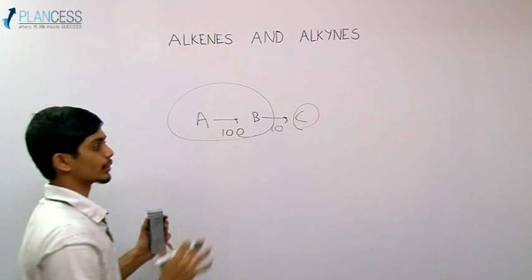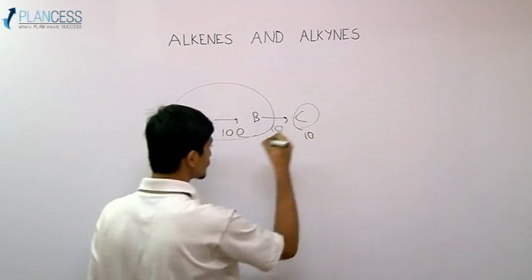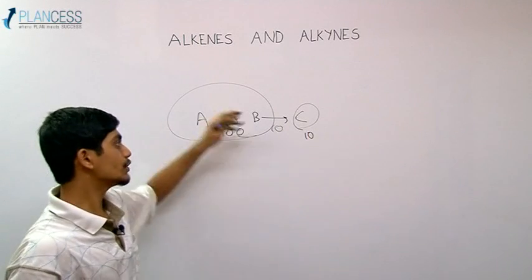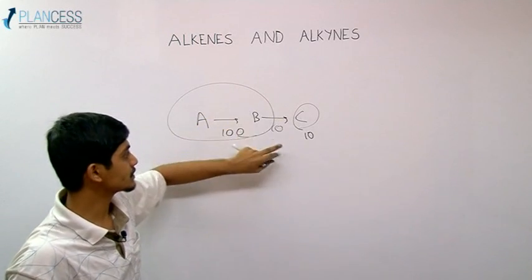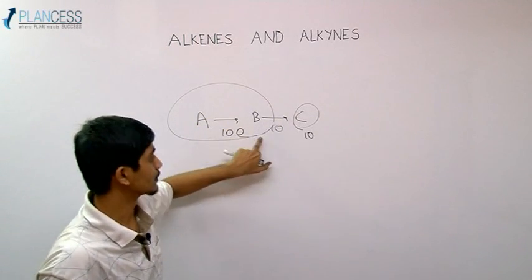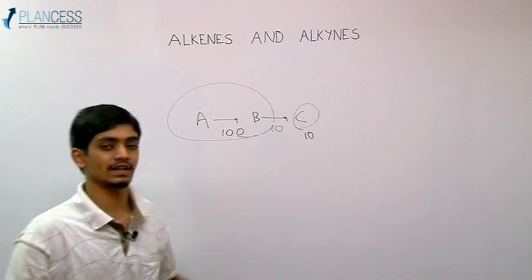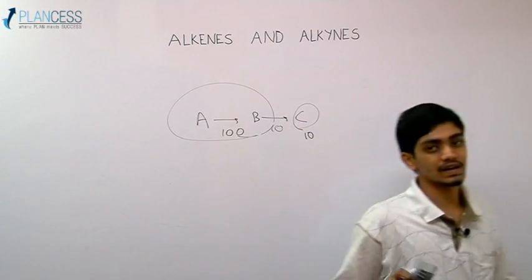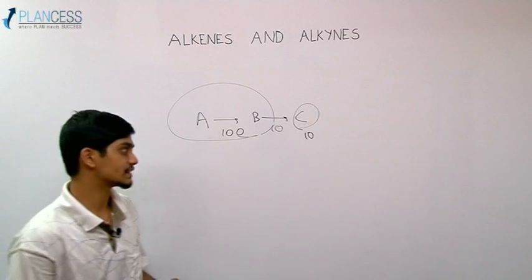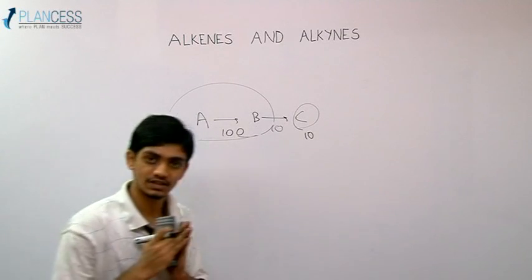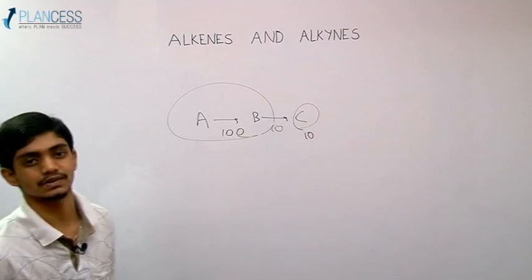So what do you think is the overall output? The overall output is that we are getting only 10. Although 100 objects are ready to react with some reagents, we are getting only 10 because the B to C reaction is very slow, and hence that will be the rate determining step. That will determine how fast the reaction can proceed under the given conditions.